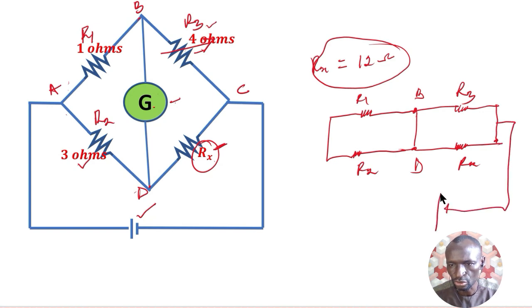Now I can connect it to the source, so that here is my A and here is my C.